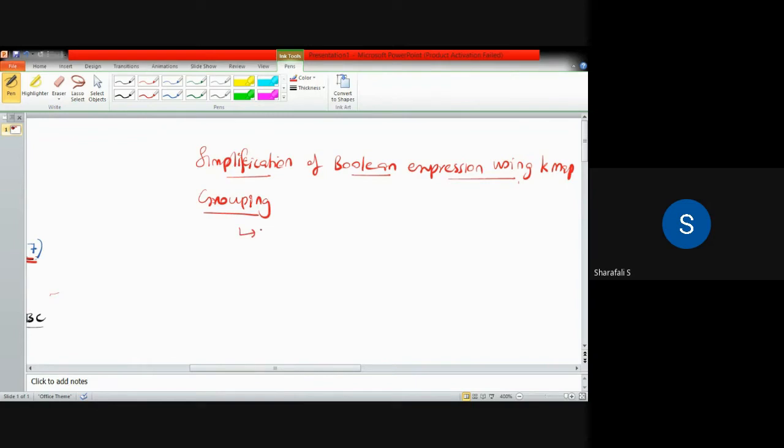This grouping is possible between the cells that differ by one bit. So only those cells you can group in the K-map. If the cells have 2-bit differences, then you cannot group those cells.